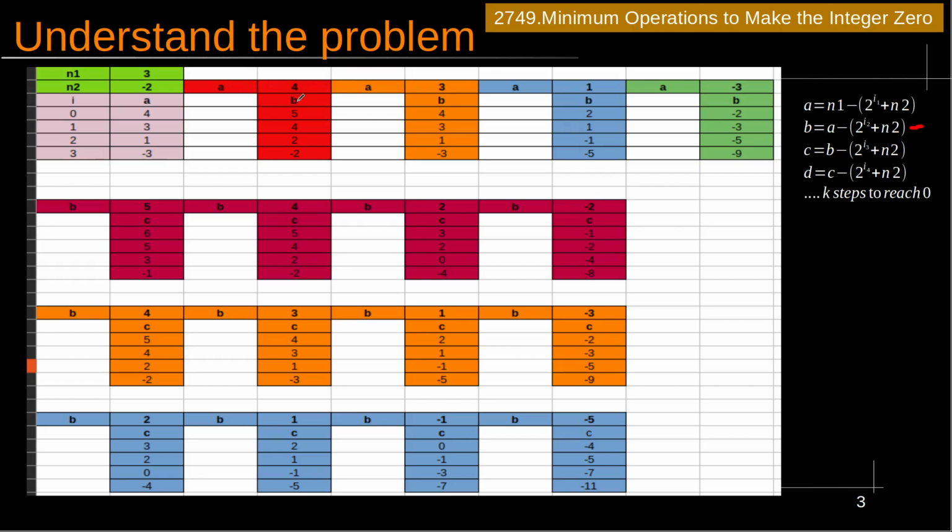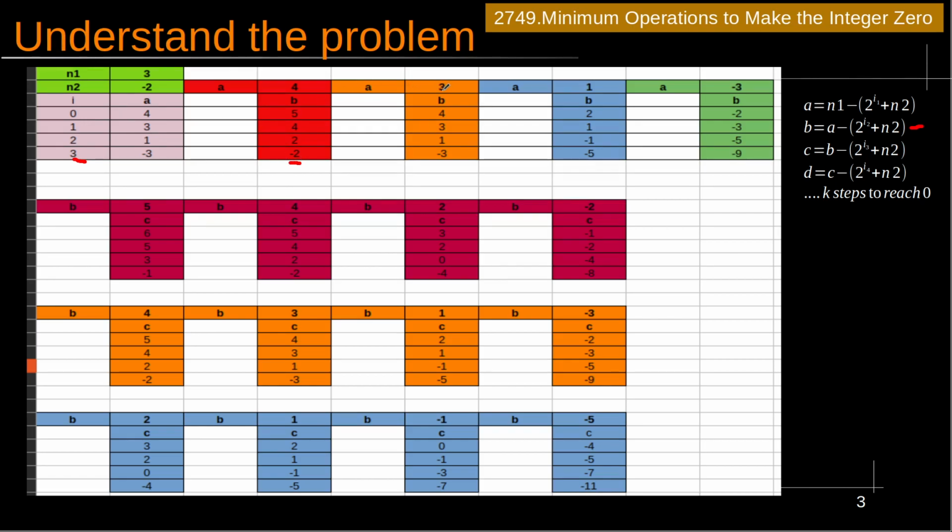For each a, I will compute b for the same powers from 0 to 3. For a equal to 4, b for power 0 would be 5, for power 1 it is 4, for power 2 we have 2, and for power 3 we have -2.